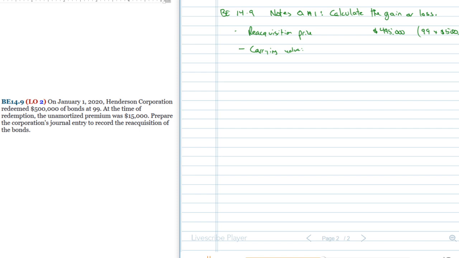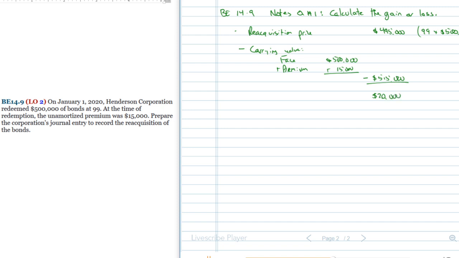Well, the face amount is $500,000 plus the premium that had not been amortized up to this date, which is $15,000. So it's $515,000. That is the carrying value. So 495 minus 515 gives us an absolute value of $20,000.